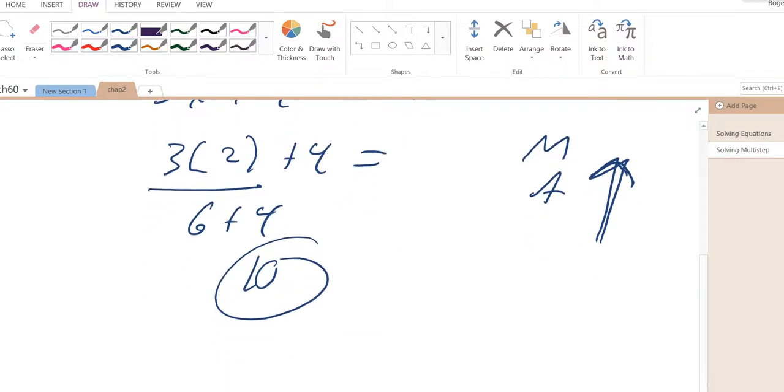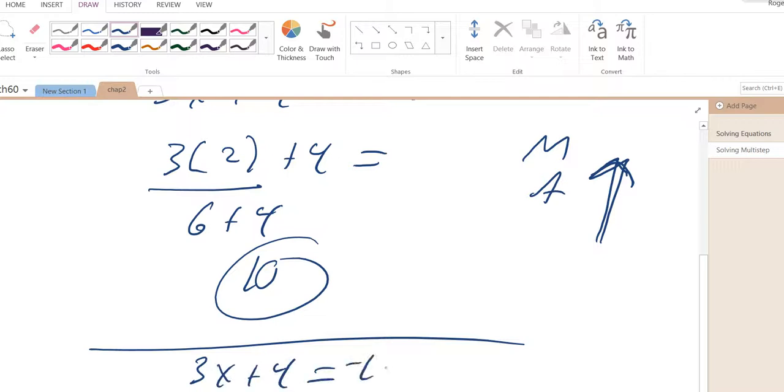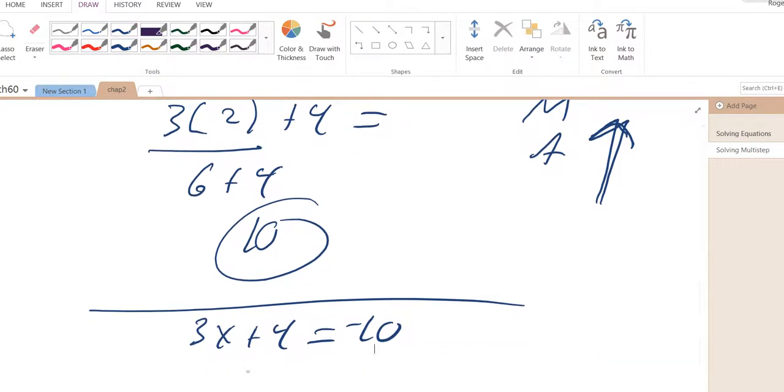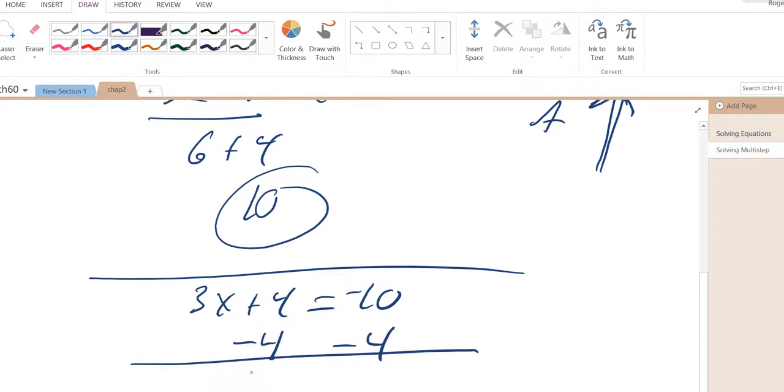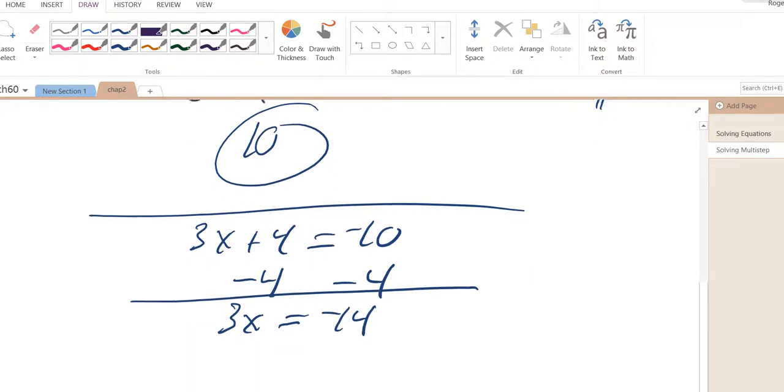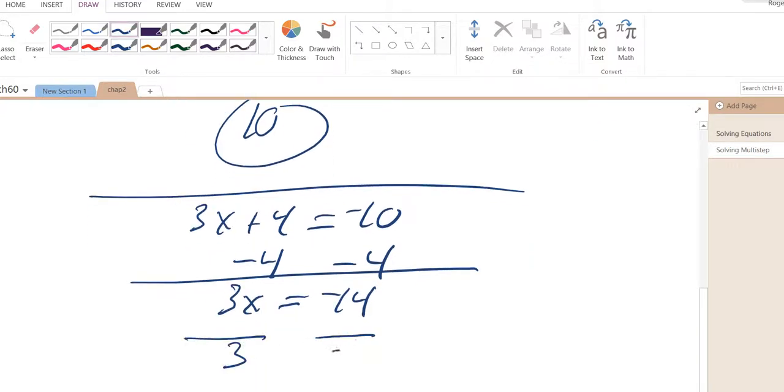So when solving the equation 3x plus 4 equals negative 10, since we're reversing it, we're going to subtract the 4 first. That's going to give us a negative 14, and then divide by 3.